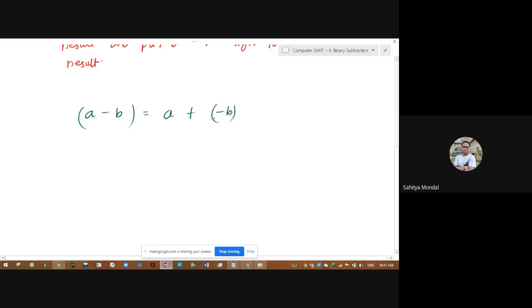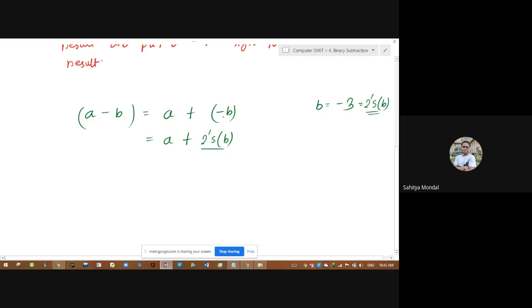The 2's complement of b is nothing but one way of representing the negative or opposite sign of a number. So if I say b equals -3, that is equivalent to the 2's complement of b. That's why I am going to do it like that.